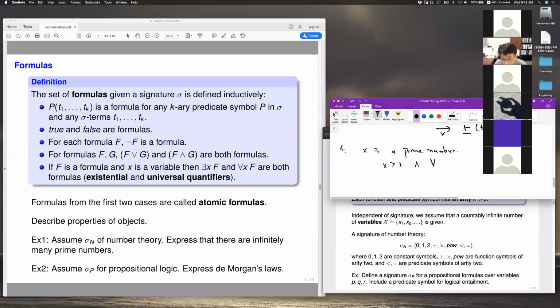For y or z, if x is equal to y times z, that implies y is equal to 1 or y is equal to x. So this is what prime number means, right?